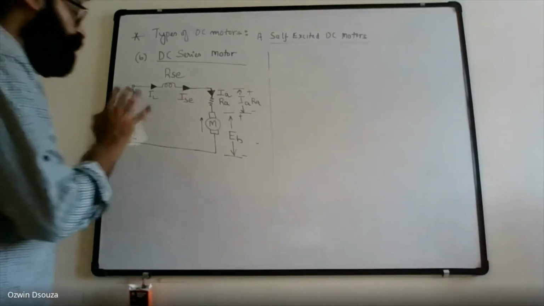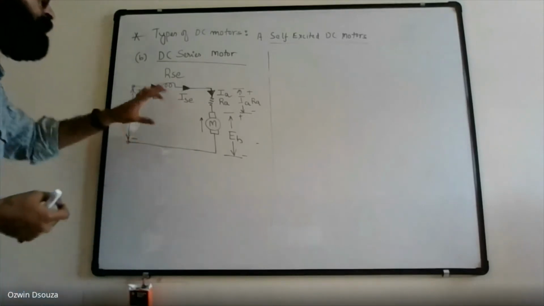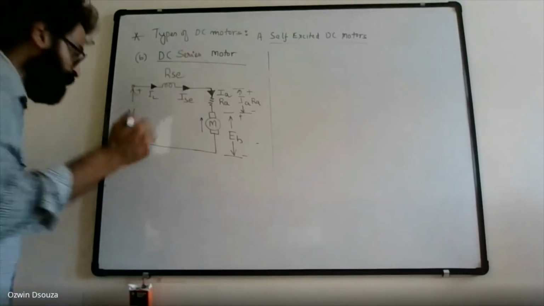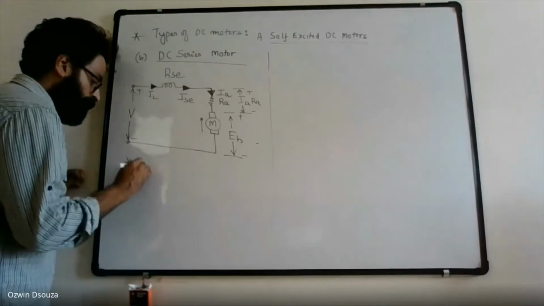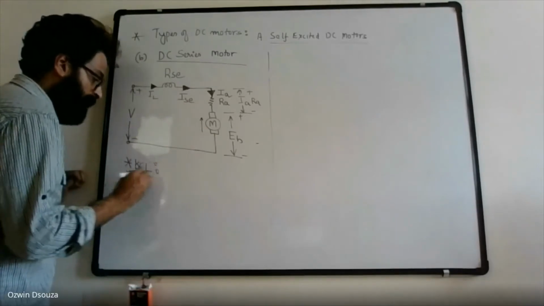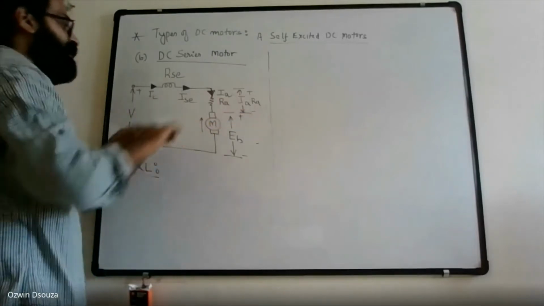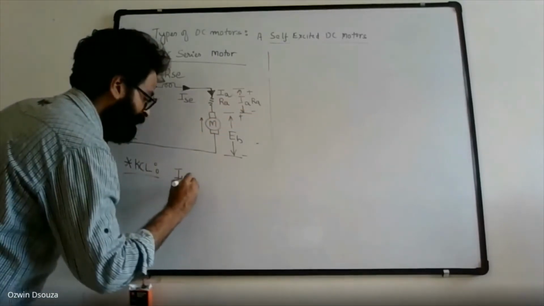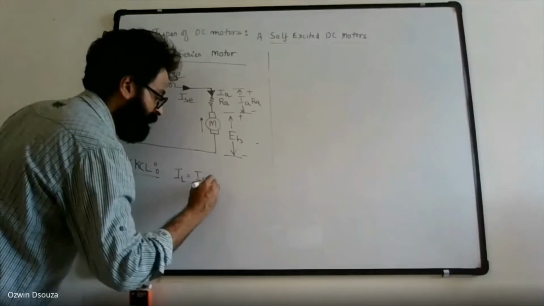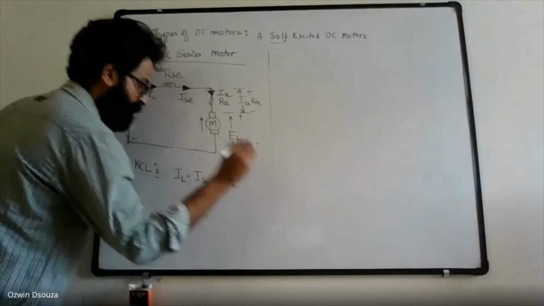That is one of the very important observations which you can draw from a DC series motor. Okay, so you can apply the current law. Of course, you don't have any nodes, so straight in, straight out it is going to be. So load current IL is equal to field current ISC is equal to armature current IA.